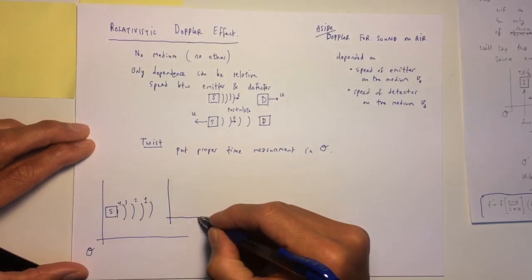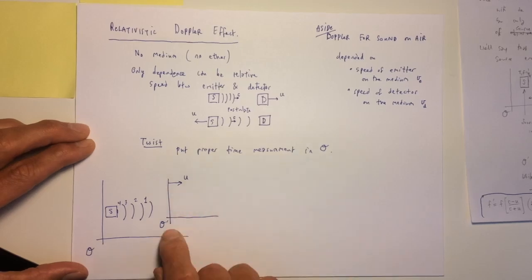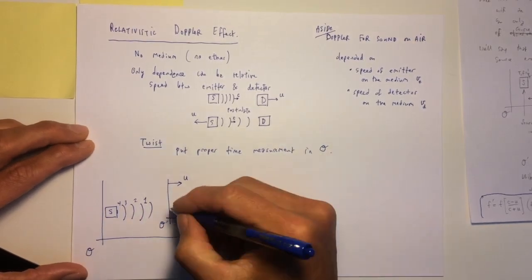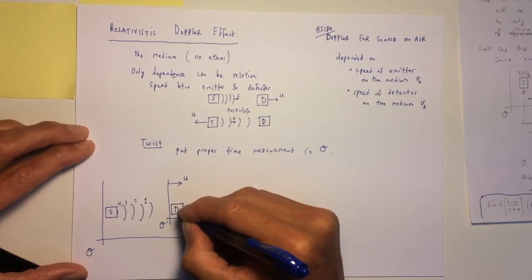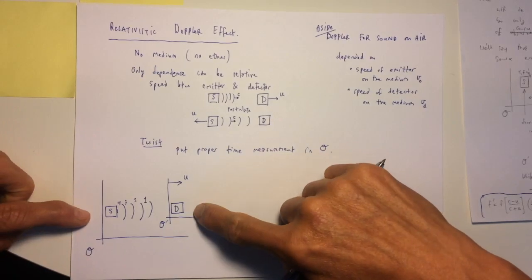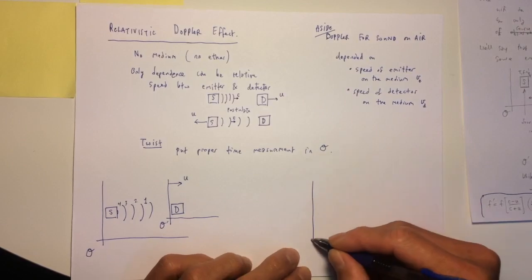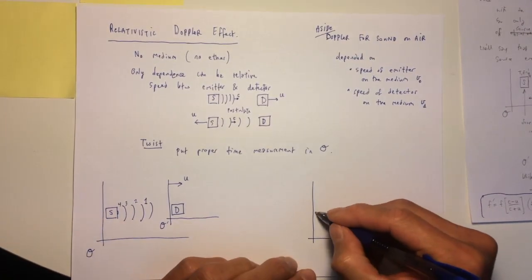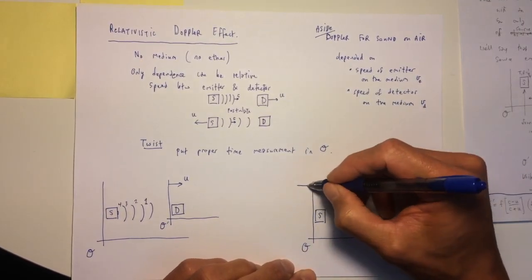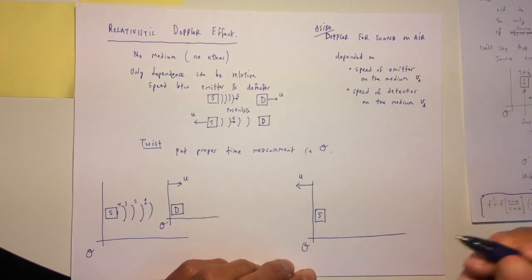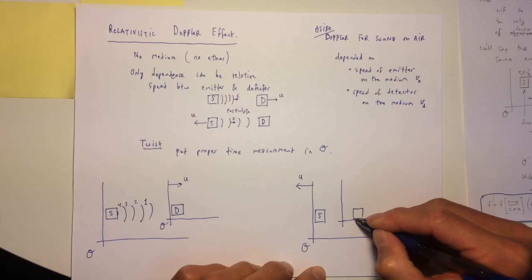And in this picture, we have O prime moving towards the right. But the thing about O prime is it's the rest frame of the detector, right? So this picture right here looks really similar to here. But we can alternatively have the point of view where we have the source S, which is at rest in O, but we're imagining O receding from O prime, or the detector in O prime.